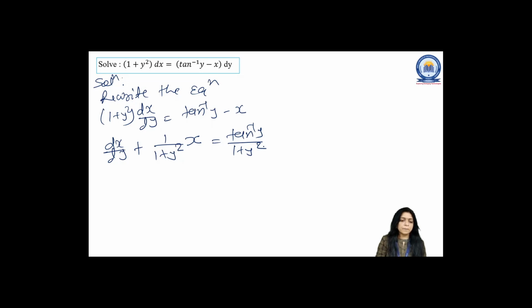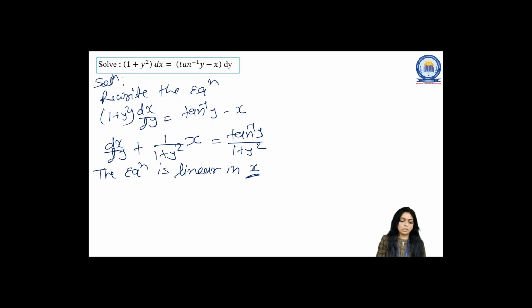This is the general form of the linear differential equation, but the equation is linear in x. This is the most important point, students. All our previous equations were linear in y, but this equation is linear in x.